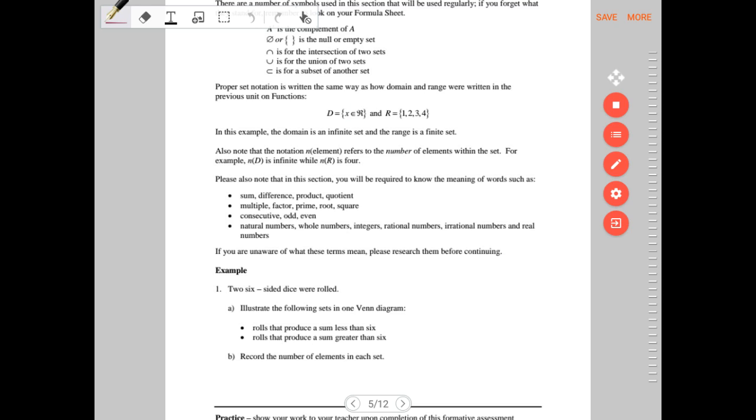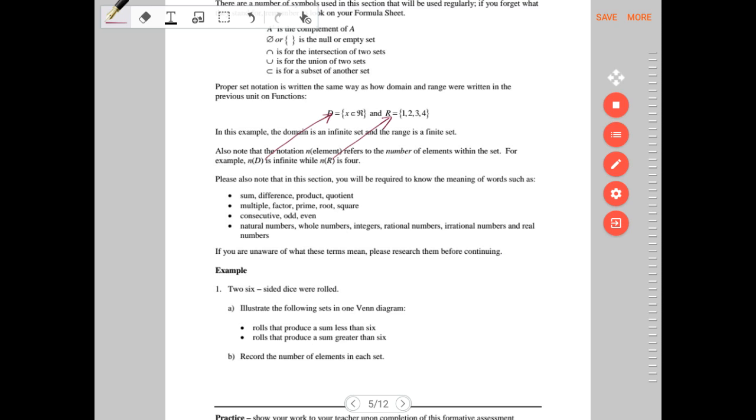Real numbers is infinite in size, whereas the range is a finite set. There's only a set amount of numbers inside the set. Also notice that the notation n of a set refers to the number of elements within the set. For example, n(D) is infinite, while n(R) is 4, referring to the number in the domain and the number in the range.